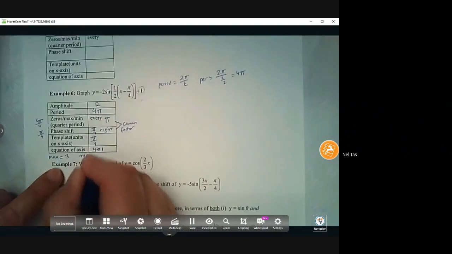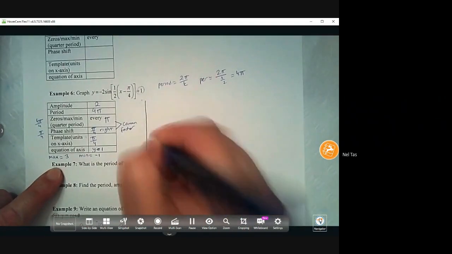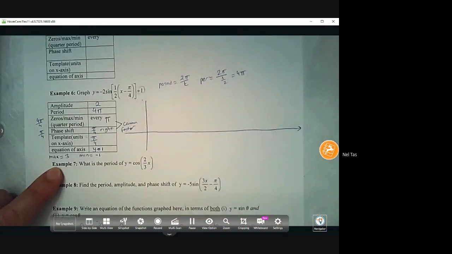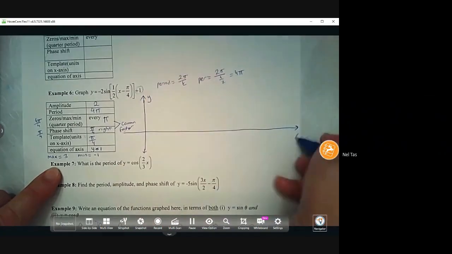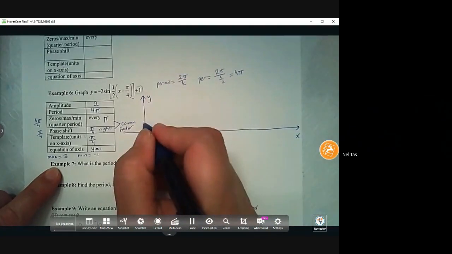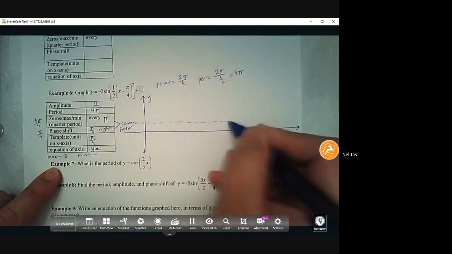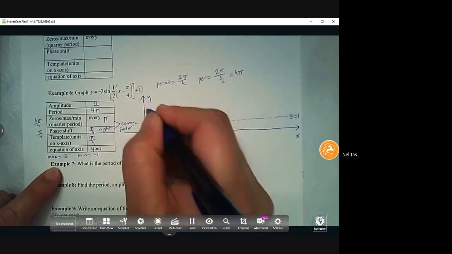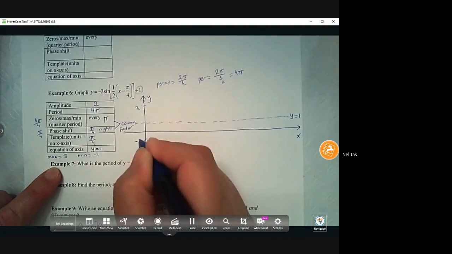And minimum is equation of axis minus the amplitude. 1 minus 2 gives you -1. So y-axis, x-axis, equation of axis is y equals 1, and maximum is 3, and minimum is -1.